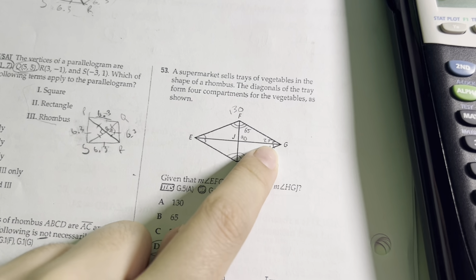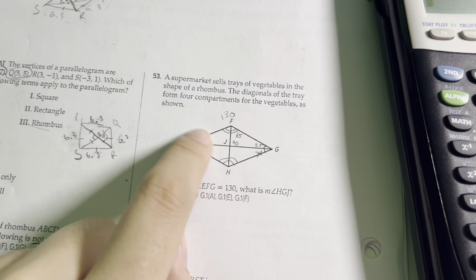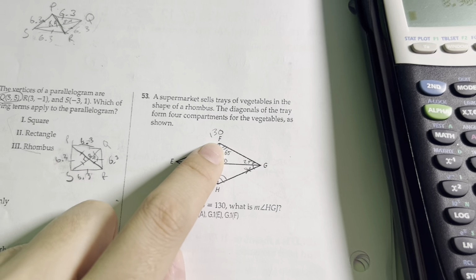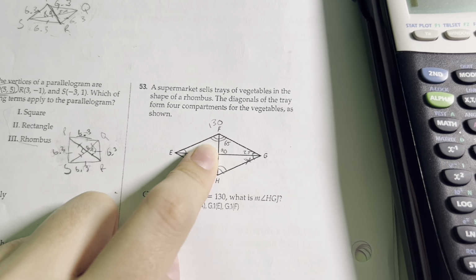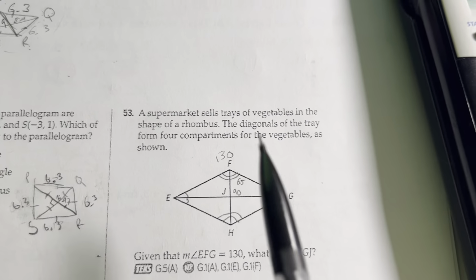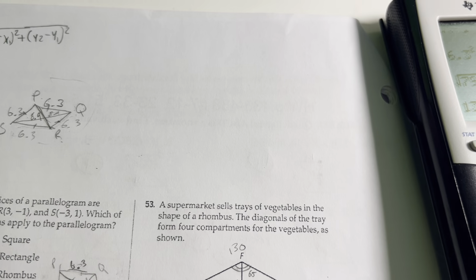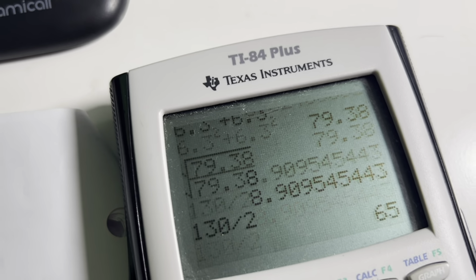Okay, so we're looking for this little angle right here, and they gave us the whole thing. So what I did was I have 130. I divided it in half because it's a rhombus, so we have both congruent. So 130 divided by 2 equals 65.